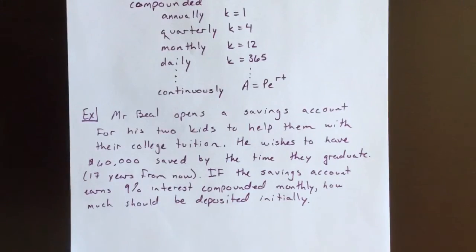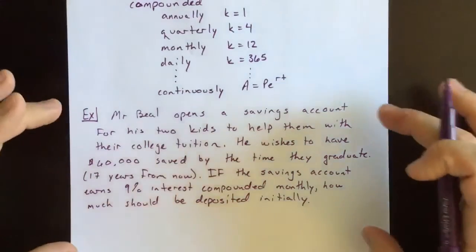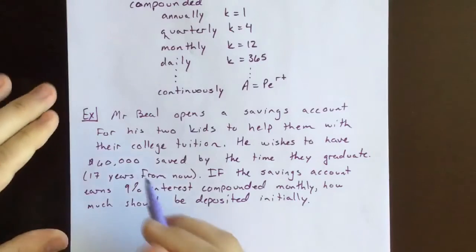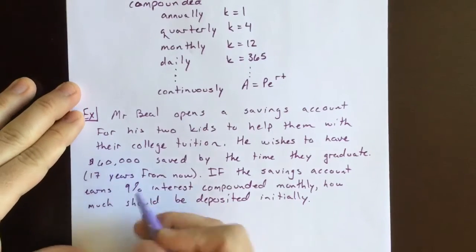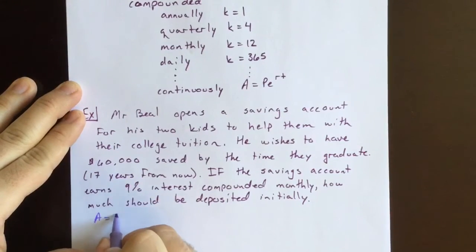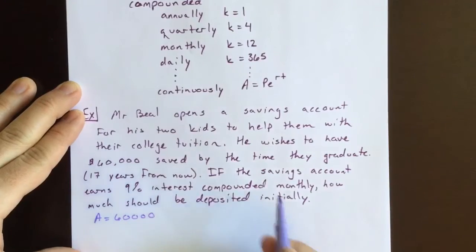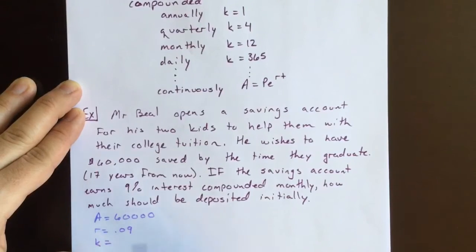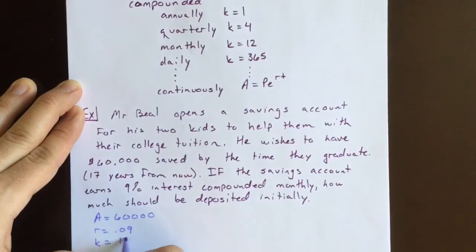Okay, so I'm looking at all of this and pulling out the key items. We see our amount that we desire, so this would be our A. We see the rate, 9%, so 0.09. We know our compounding period, which is K. This would be monthly, so that's 12.